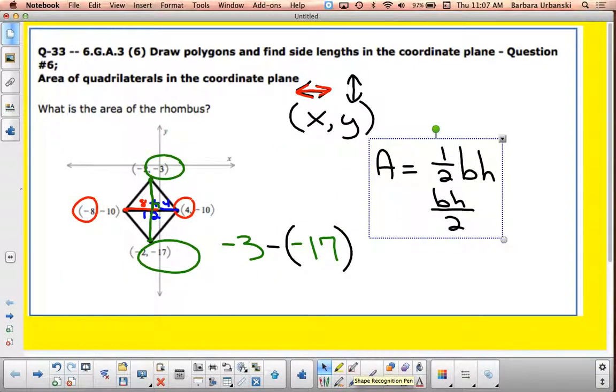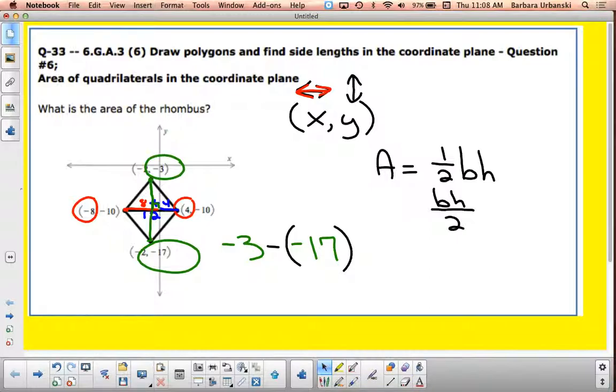So if we're looking at -3 and we're going to subtract -17, I'm going to allow you to pop that in your calculator. The negative sign is right under the 3, and the subtraction sign is with the other operations on the far right of the calculator. So you would put in -3 minus -17, and you'll find that the difference is going to be 14.